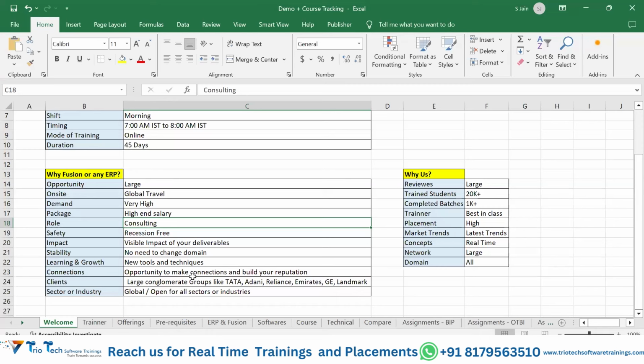In addition to that, there is learning growth and new tools and techniques. This particular tool does not offer just one thing to learn, but it is a self-evolving tool. A lot of new tools and new techniques are coming up. Oracle, being a product in the market, comes up with new releases and new upgrades. Every quarter a free upgrade is provided by Oracle.